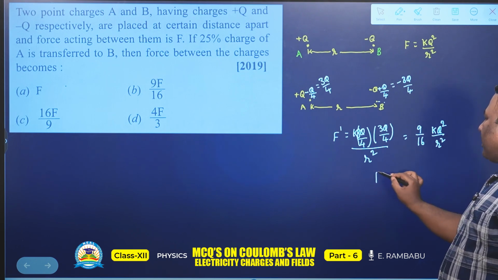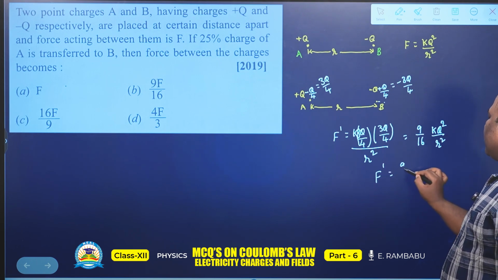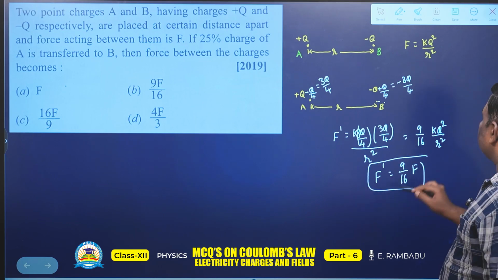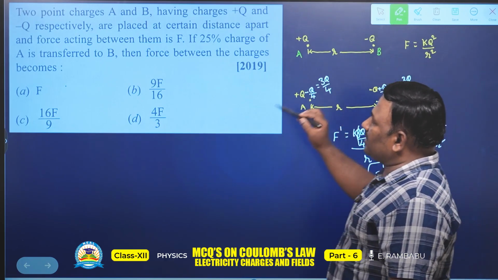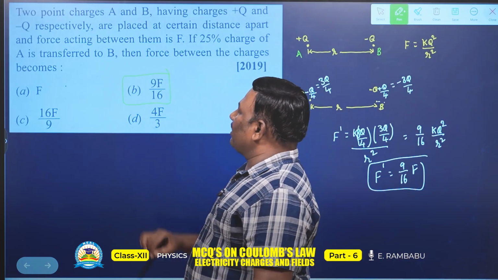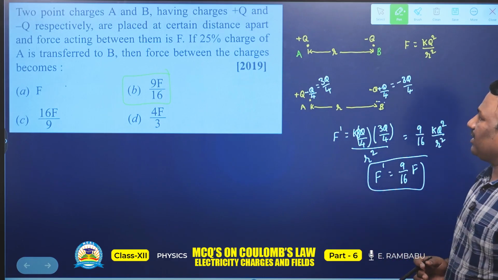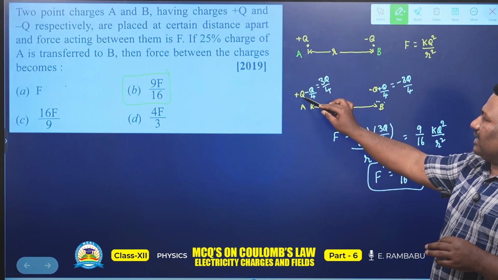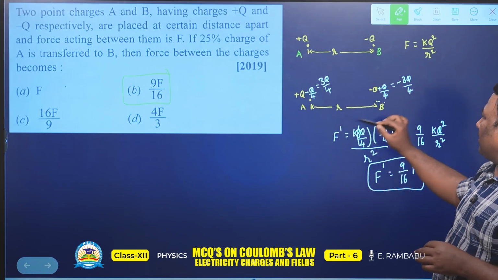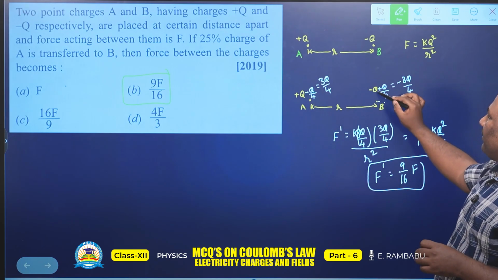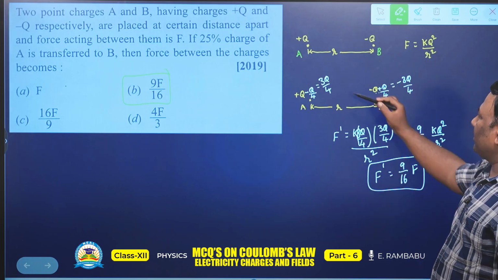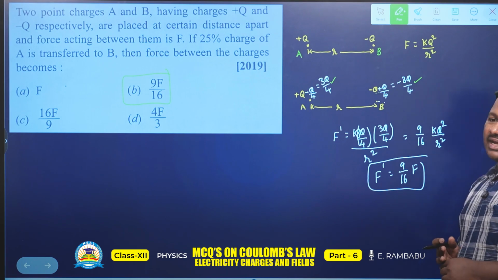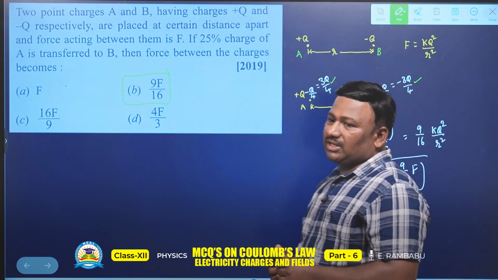But K into Q square by R square is nothing but F. So it is 9/16 times the force, and the answer can be taken as option B. So like that we are going to solve the questions, but understand the point. 25% lost means 1/4 part of the charge is removed; 25% added means we add plus Q/4. From that, find the charge on A and the charge on B, then again apply Coulomb's law. Okay? So like that we are going to solve the problems on Coulomb's law.